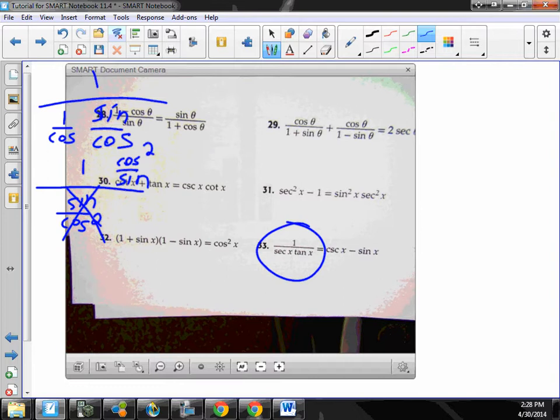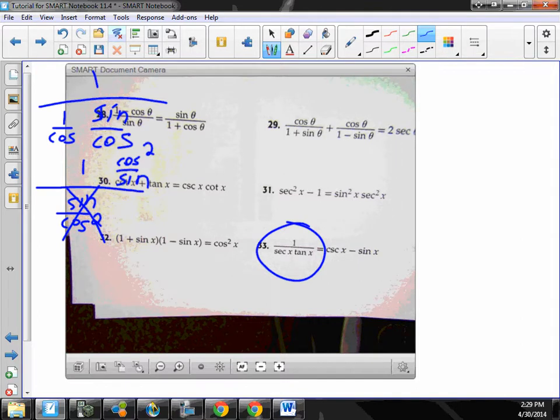Anybody confused up to that point? Kelsey, where'd you get lost? It's the reciprocal identity. On the third column on your reference sheet, second section down, secant is the reciprocal of cosine.